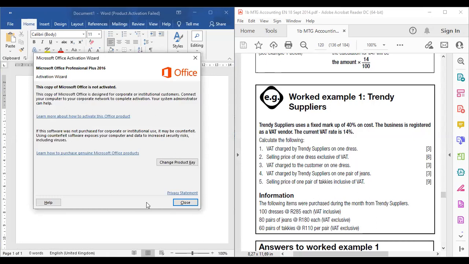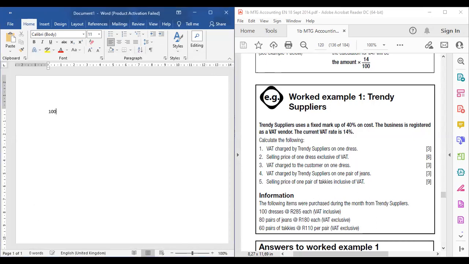So we know always 100 is equals to the cost, and then 40% is equals to the markup, and then 140 is equals to the selling price.